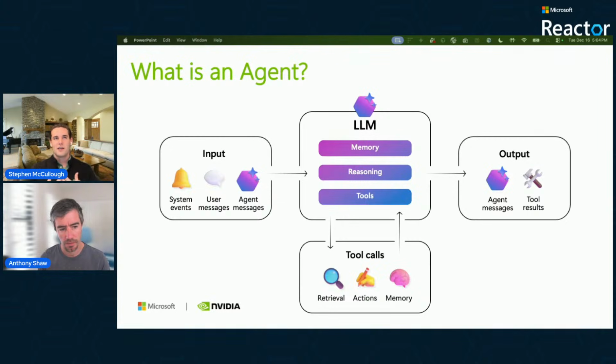So an agent is essentially an LLM that has tool calling, reasoning capabilities, and memory capabilities. Those three functional capabilities that we add into the LLM open up a whole world of possibilities and allow us to do amazing things with our LLMs and with our agents.